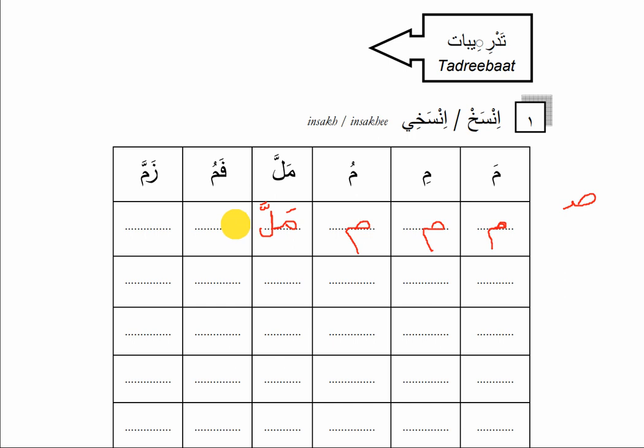So fa is made with a clockwise rotation, but in this case fa will be just above the line, not resting on the line, just like meem, a little above the line. Then my clockwise stroke will continue and rest on the line.